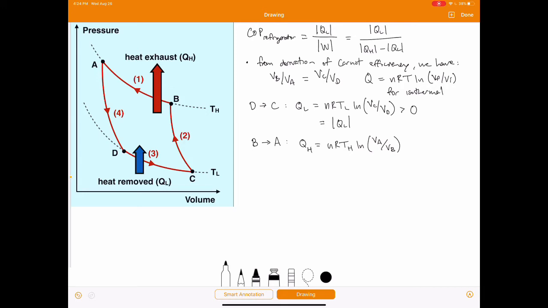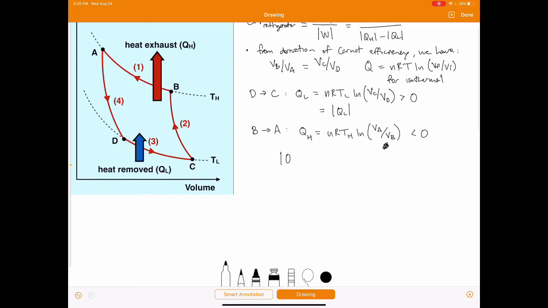But here's the thing. QH is negative because heat's flowing out of the gas. Volume B is bigger than volume A, so you're taking the natural log of something less than 1. It gives you a negative number. So QH is negative. If we want the absolute value of QH, then we have to undo that negative sign. So this will be negative nRTH times the natural log of VA divided by VB.